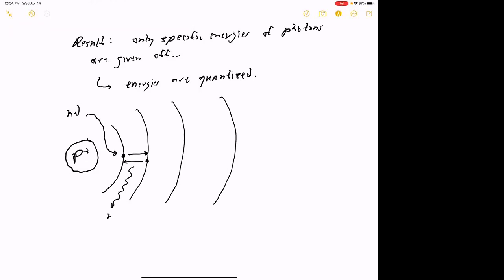I'll call the initial photon h nu 1, and I'll call this one h nu 2. So when that electron decays back down, a photon of equal energy is given off. The first energy level has an E1, and the second orbit has an E2.